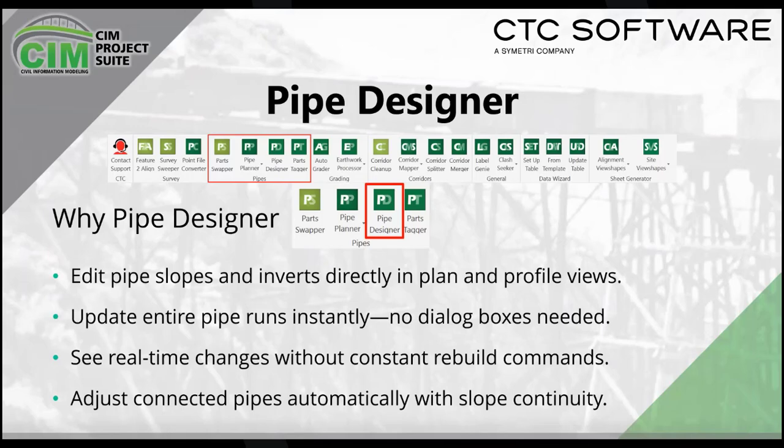So Pipe Designer will help you to edit the slopes and inverts directly in your plan and profile views by selecting those. We can update entire pipe runs, and we don't need to open any of those dialog boxes. With that, we can see them happen in real time, and we can adjust all of the pipes automatically with slope continuity if we choose to do it that way.